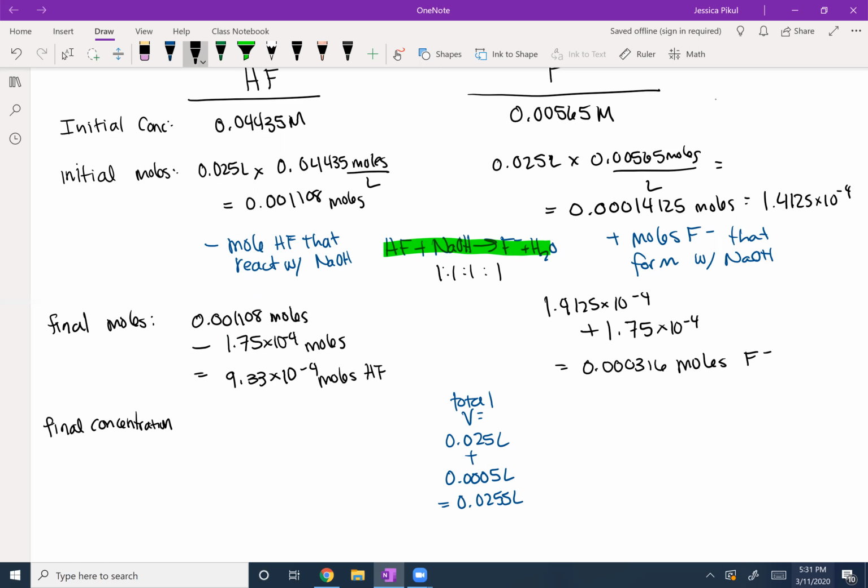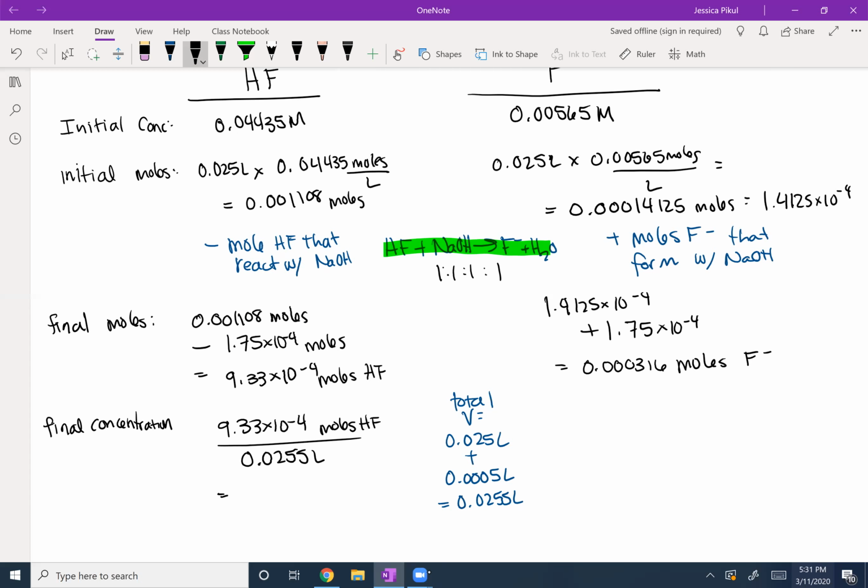So now I can calculate this concentration by taking my moles and dividing by volume. So I'll have 9.33 times 10 to the negative 4th divided by that 0.0255 liters.